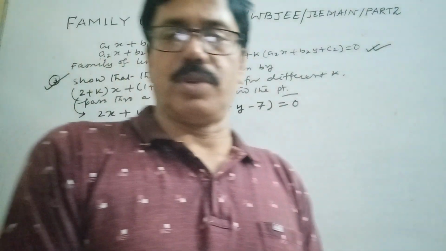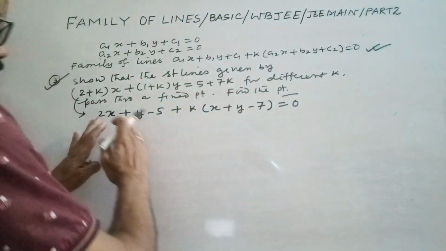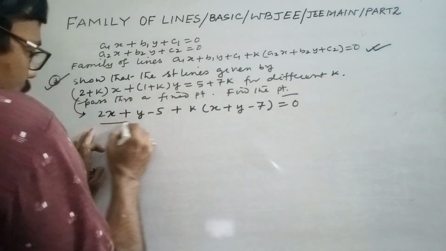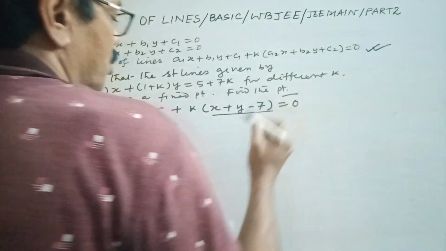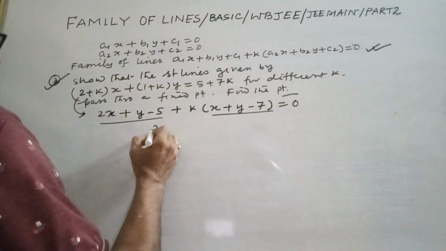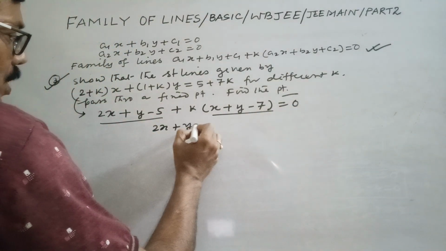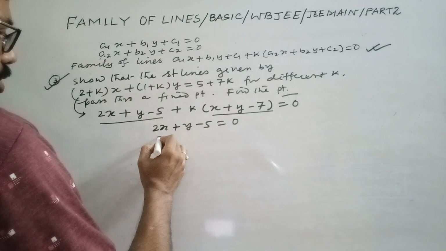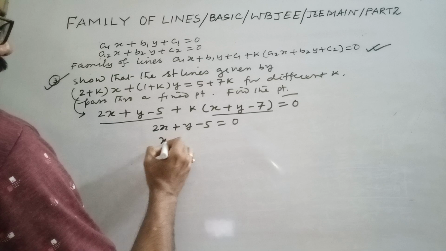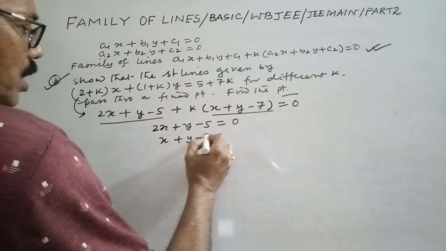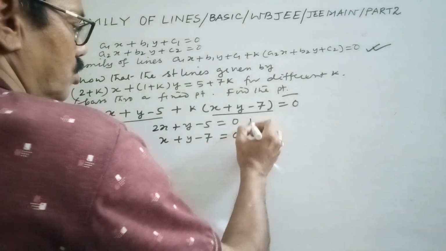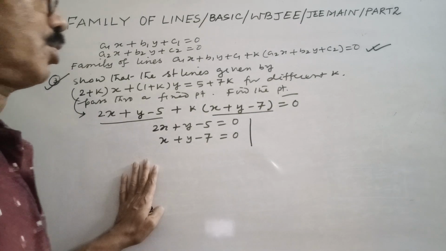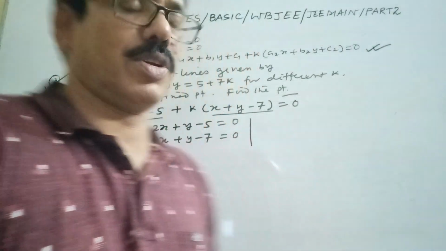So the combined equation can be written in this form: this equation plus k into the second equation. So obviously the separate equations will be 2x plus y minus 5 equals 0 and x plus y minus 7 equals 0. So they are the separate equations.